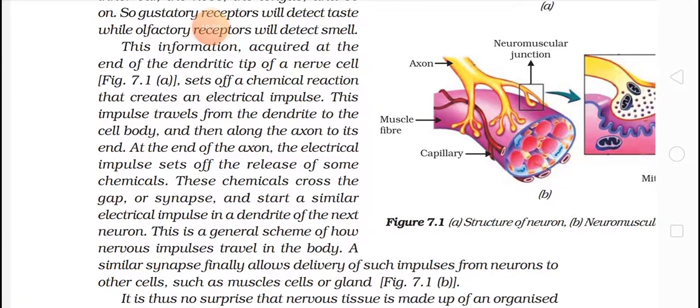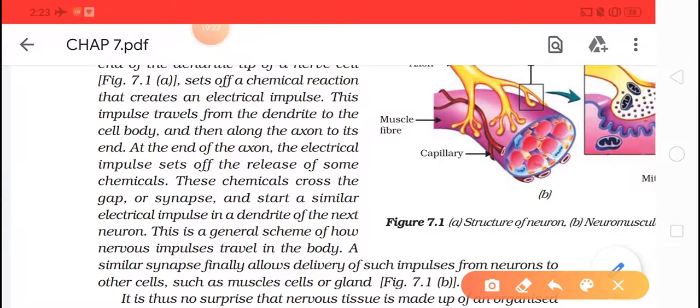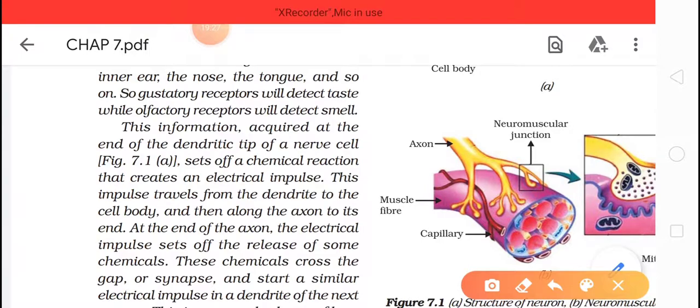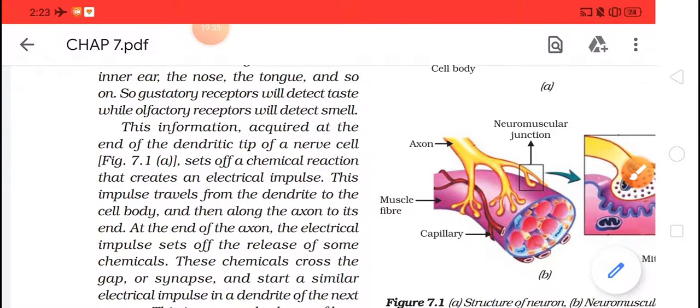Let's move further to what they are talking about, and then I will explain. So this information is carried at the end of the dendrite tip of the nerve cell and sets off a chemical reaction that creates an electric impulse. This impulse travels from the dendrites to the cell body and then along the axon to its end.